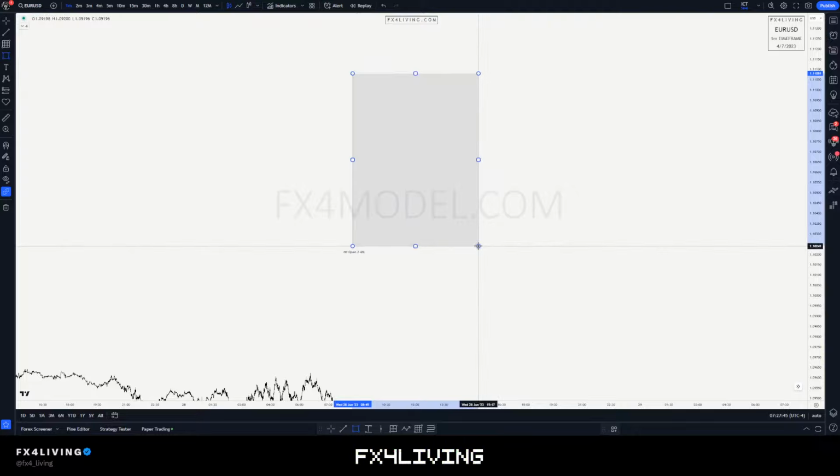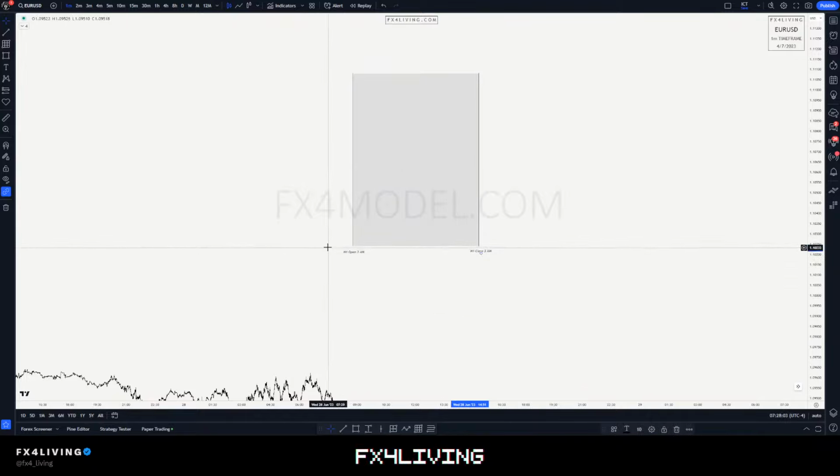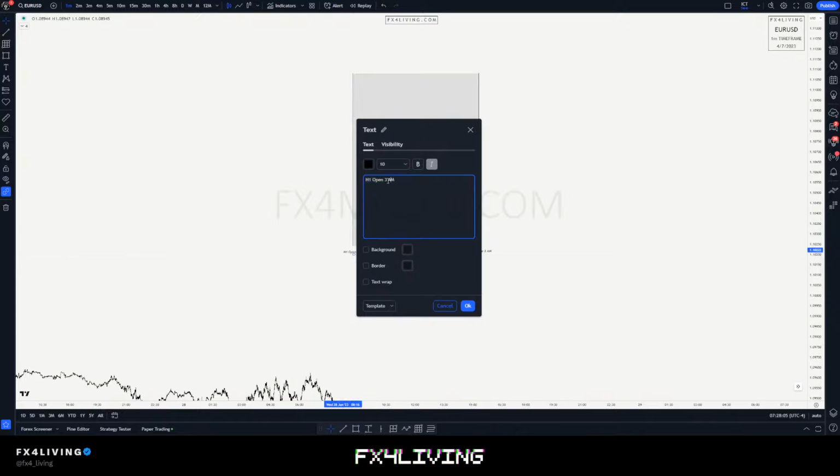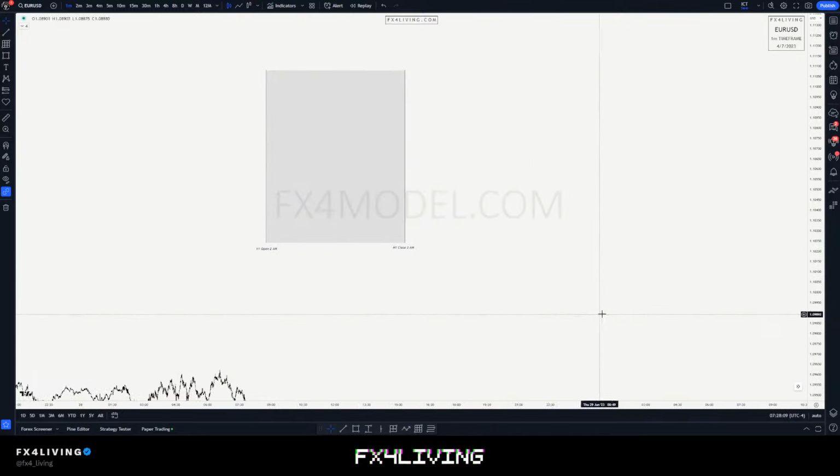Let's draw a box. So H1 close, I mean, it's going to be 2 a.m. and 3 a.m., right? That makes sense.